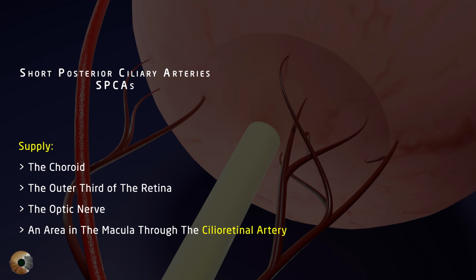A branch of the choroidal circulation, often one of the short posterior ciliary arteries, may give rise to a cilioretinal artery found in 25% of individuals, supplying part of the macular region. Importantly, unlike the central retinal artery, these arteries have anastomoses and partial collateral circulation.